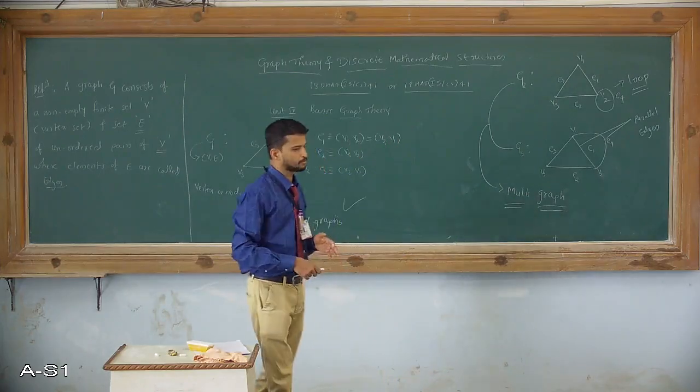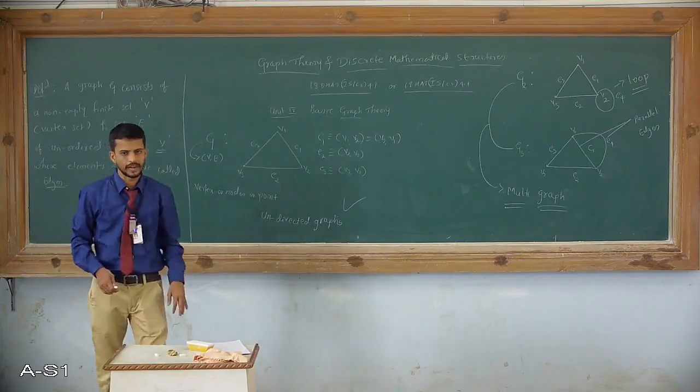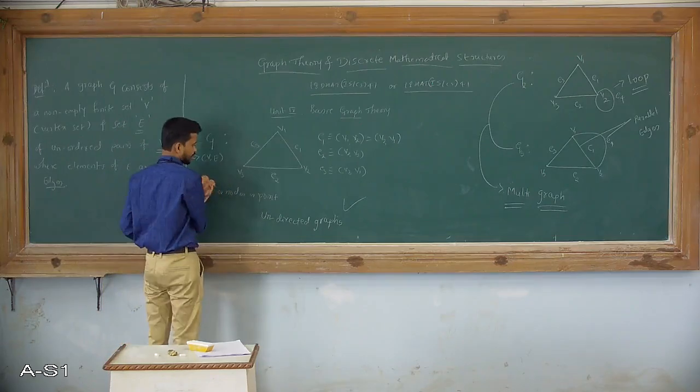Now the question will come into the picture. In this graph, there is no loop and there are no parallel edges. So what kind of graph is this G said to be?